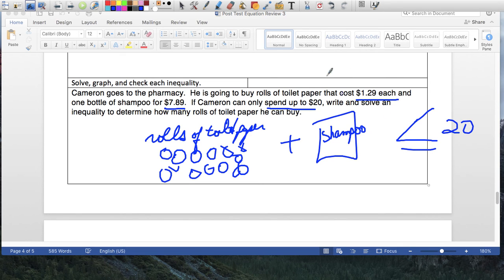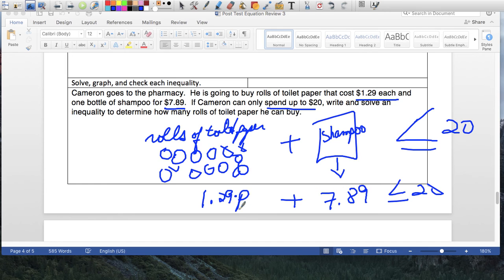That would be my visual, sort of. So I know the shampoo, I can change that to $7.89. There's actually a value to that. And the toilet paper, I don't know how many, but I know its price. So it's $1.29 times however many I buy, plus $7.89 has to be less than or equal to 20.